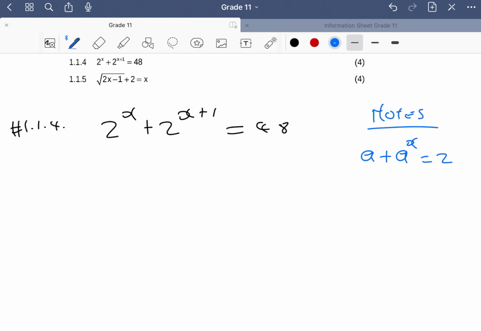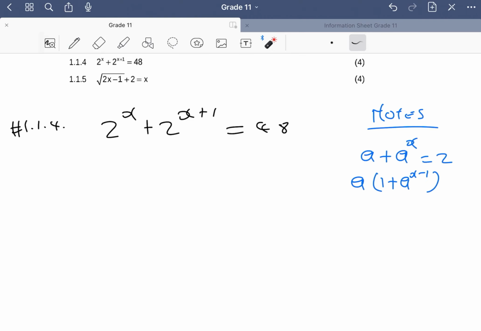So what you can do is you can factor out a common value here. Common value here is a, right? Factor that a. So if you factor that a, then you're gonna say a over a gets 1, so it's 1, and then a^x over a is a^(x-1). Your answer is a^(x-1), right?